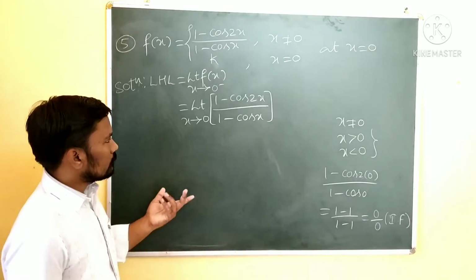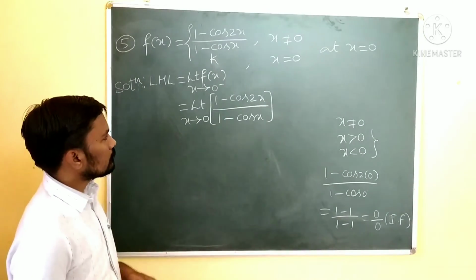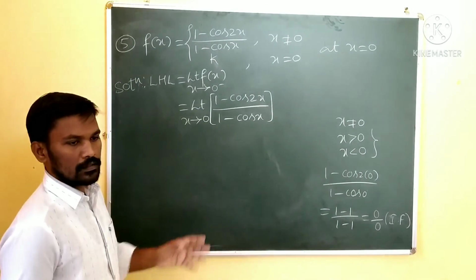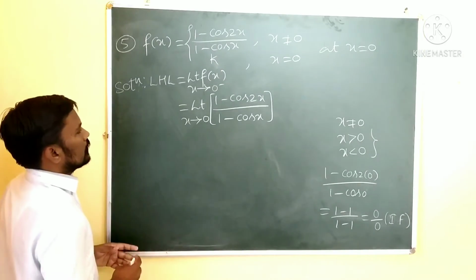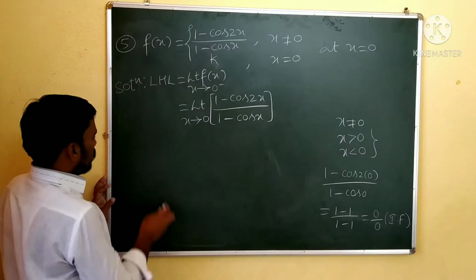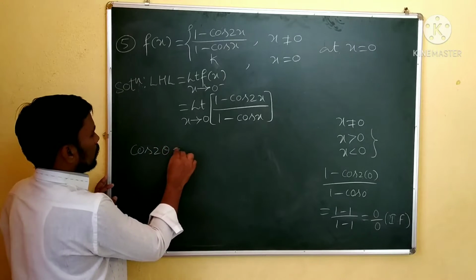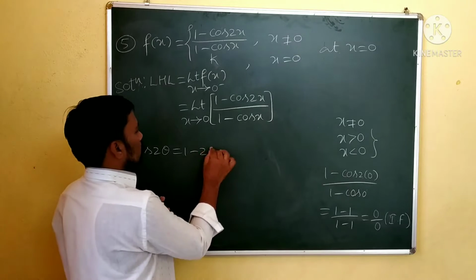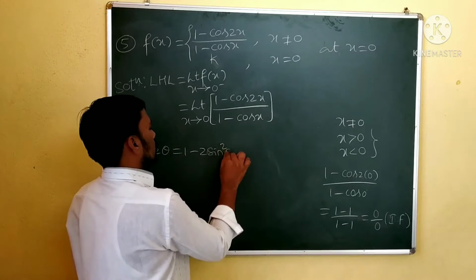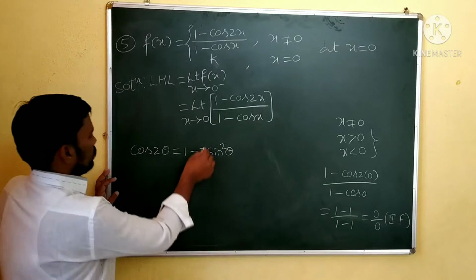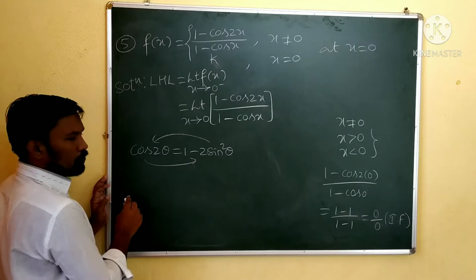That is why we need to simplify the given expression first. We have to simplify this by using some trigonometric identities. Look at the function here, 1 minus cos 2x. We know that cos 2 theta is nothing but 1 minus 2 sin square theta.